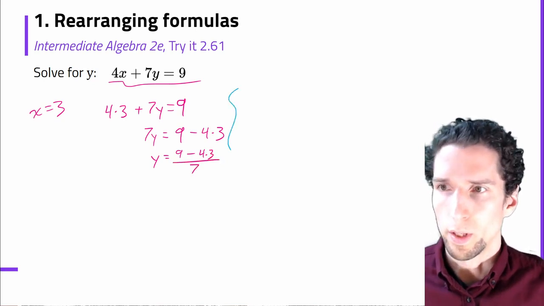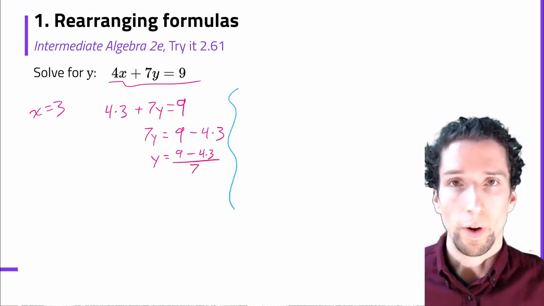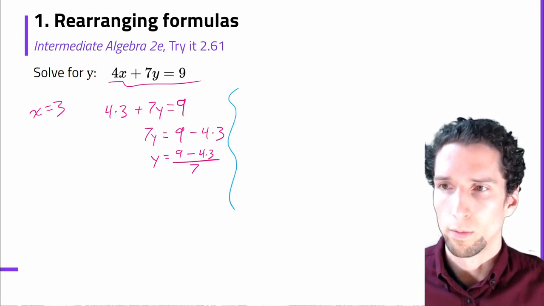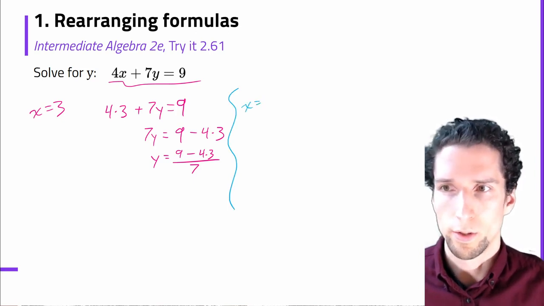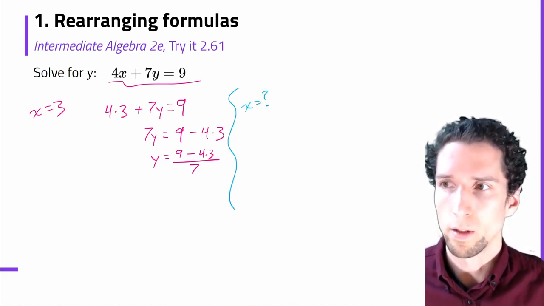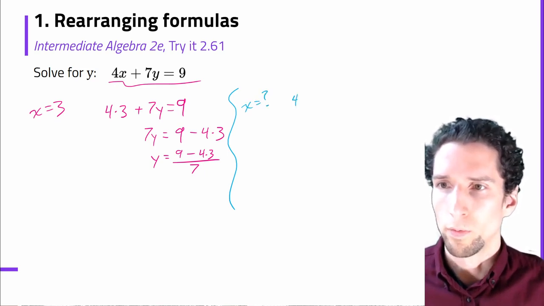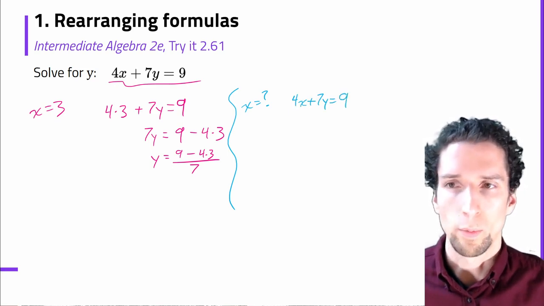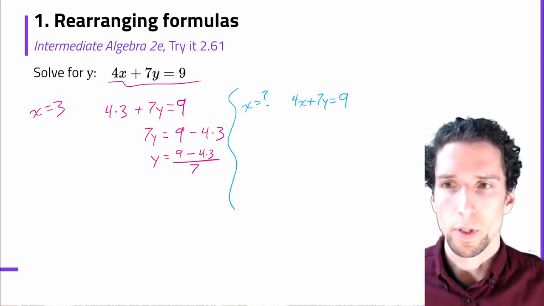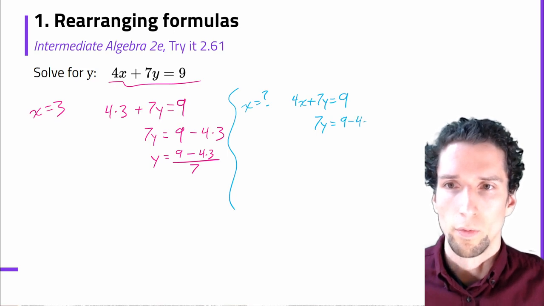And then if we do this with our variable version, where our x is just x, we don't know what it is, so we can't change it out for anything, then 4x plus 7y equals 9, and we will just subtract the 4x from both sides. 7y equals 9 minus 4x, and divide by 7.